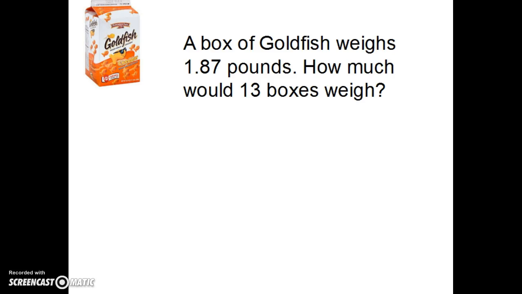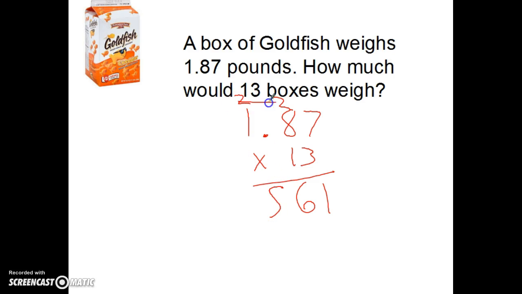Box of goldfish weighs 1.87 pounds. How much would 13 boxes weigh? 1.87 times 13. 3 times 7, 21. 24, 26. 3, 5. Marco, Polo. We got 1 times 7, 1 times 8, and 1 times 1.